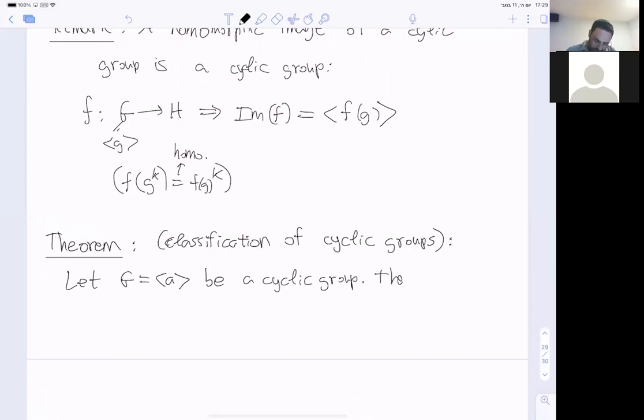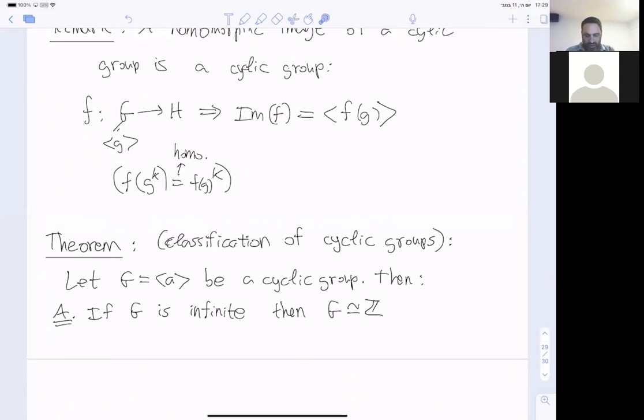Then if G is infinite, it must be isomorphic to Z. This is the canonical representative of the infinite cyclic groups.